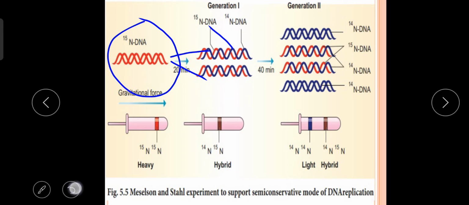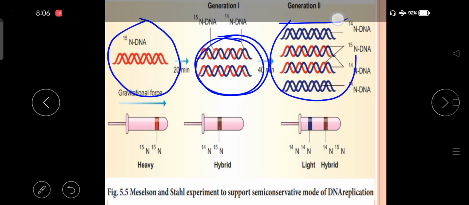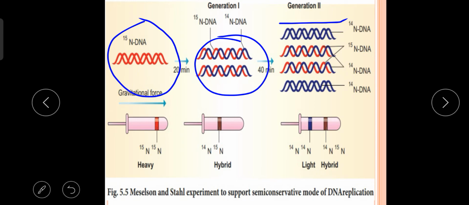Now see in the second generation. In the second generation, 4 new DNA molecules are produced from these 2 DNA molecules. Always from one DNA, 2 DNA molecules are produced, from 2 DNA molecules, 4 DNA molecules are produced. Now in the second generation, 50% are lighter and 50% are hybrid. This form is called the hybrid. Why is this called the hybrid? Because these DNA molecules consist of one 15N strand and one 14N strand.